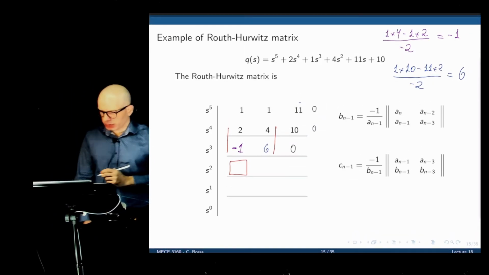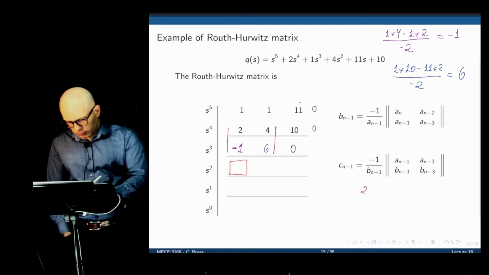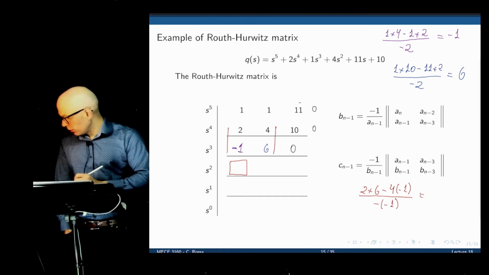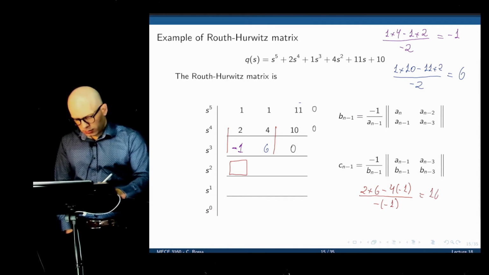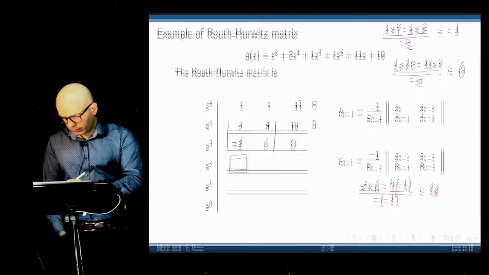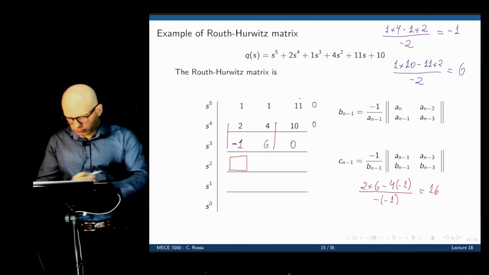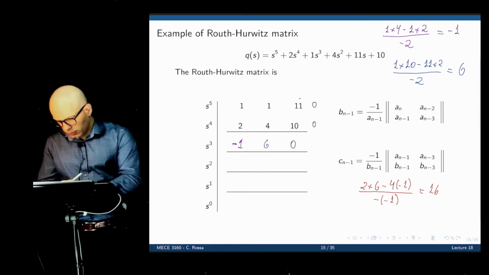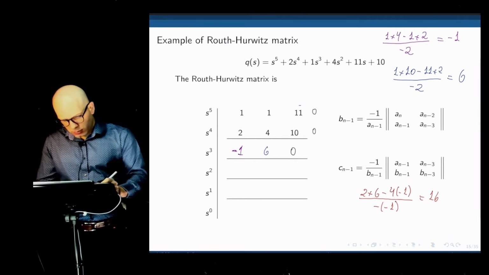How do you calculate that? 2 times 6 minus 4 times -1 divided by -1, which is indeed 16. So the number down here is 16.